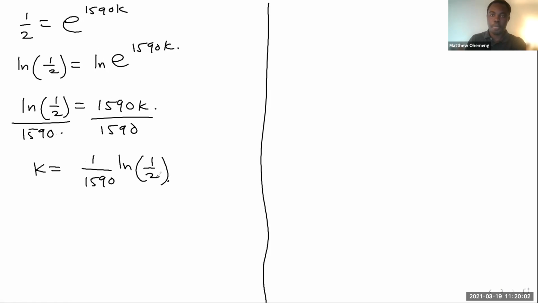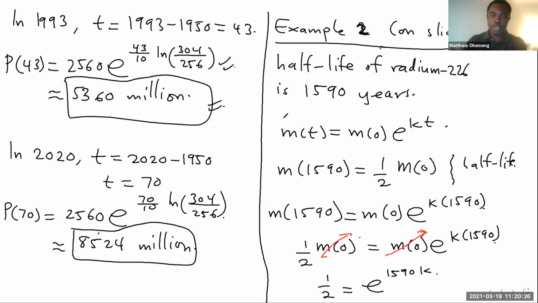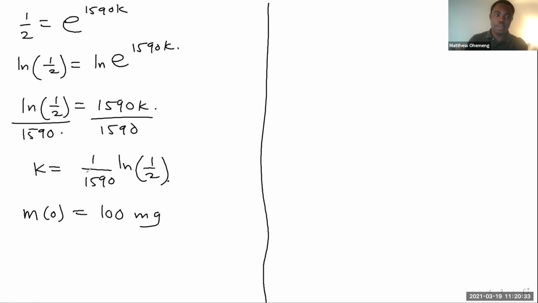So that's your k. But now that I have my k, I can use it to get m of t. In part A, we are also given the initial mass to be 100 milligrams. So the m of 0 and the k come together to give me the mass at any time t.